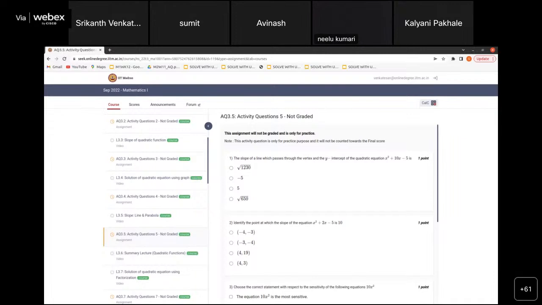The slope of a line which passes through the vertex and the y-intercept of the quadratic equation x square plus 10x minus 5 is. So what are we asking? We are asking the slope of a line. Which line? It should pass through the vertex as well as the y-intercept of a quadratic function. I hope you know what the y-intercept of a quadratic function is.